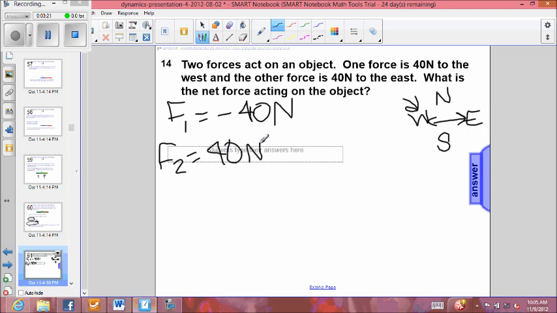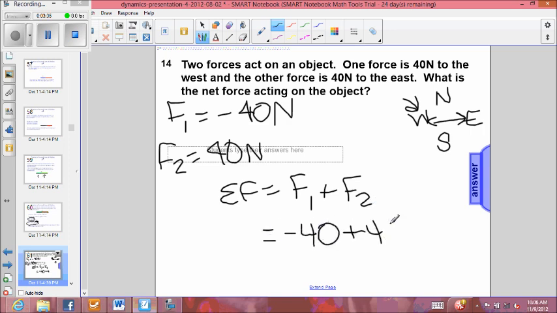So what's the net force acting on the object? If we know our net force equals F1 plus F2, and we plug our numbers in, we get negative 40 plus 40, which gives us 0 newtons.